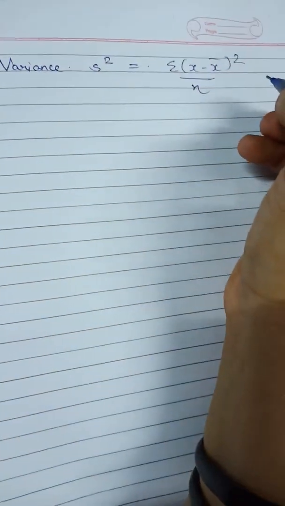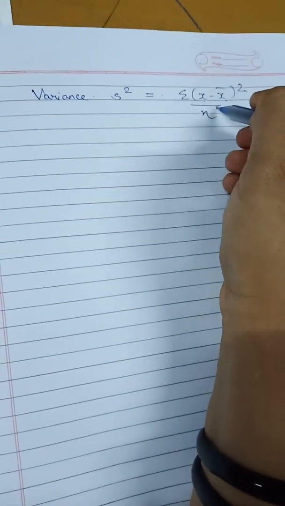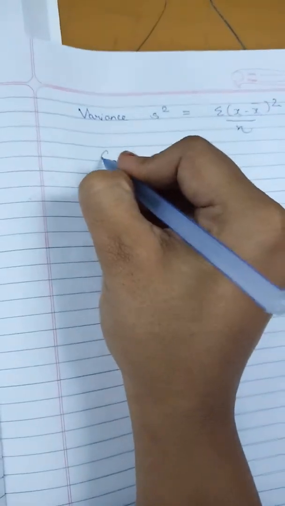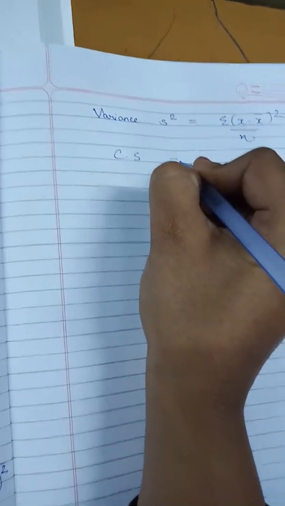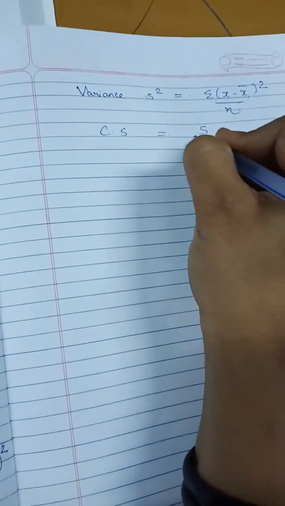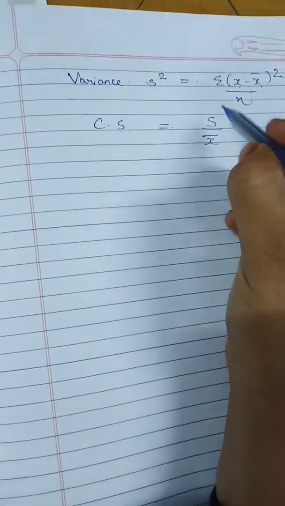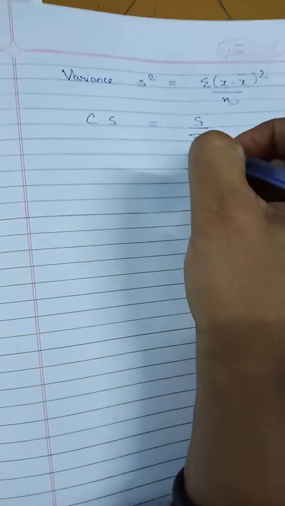Sigma x minus mean the whole square divided by n. Coefficient of standard deviation: if they are telling coefficient of standard deviation, the formula is standard deviation divided by mean. Is that clear? Now let's begin with the first sum.